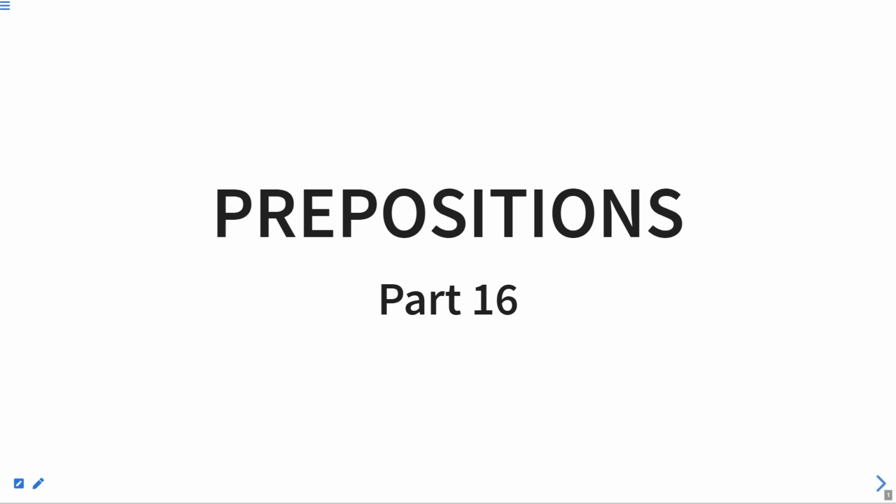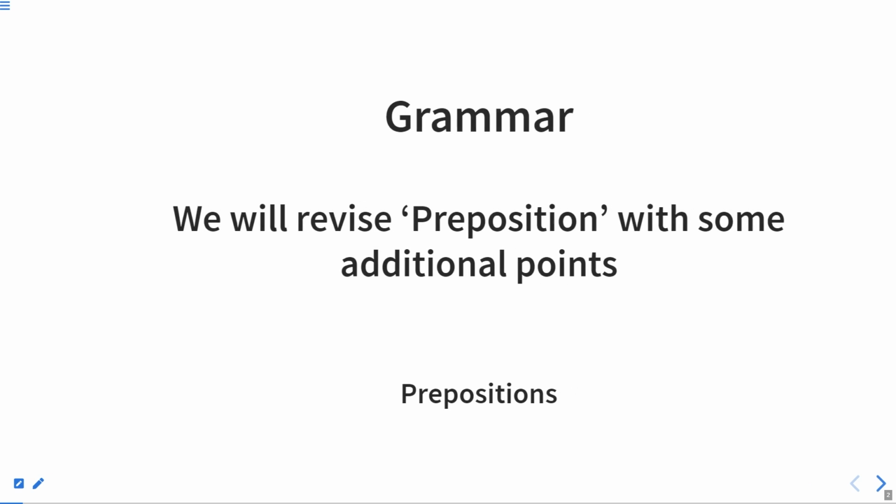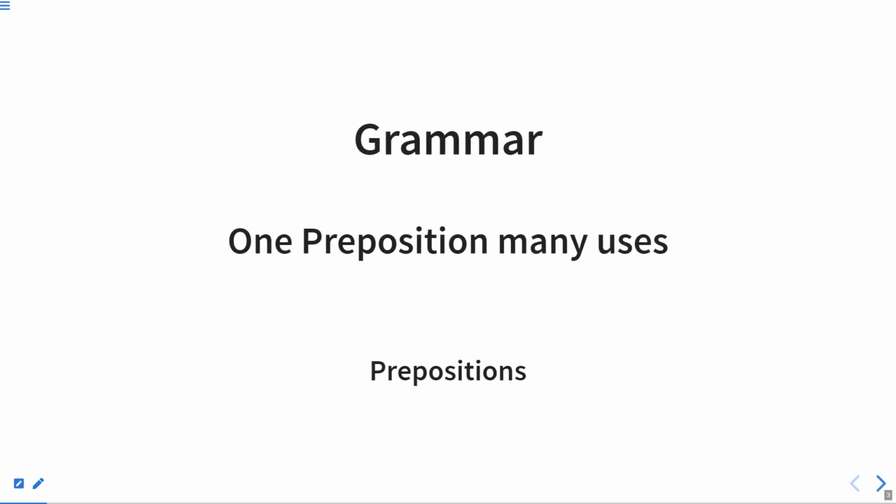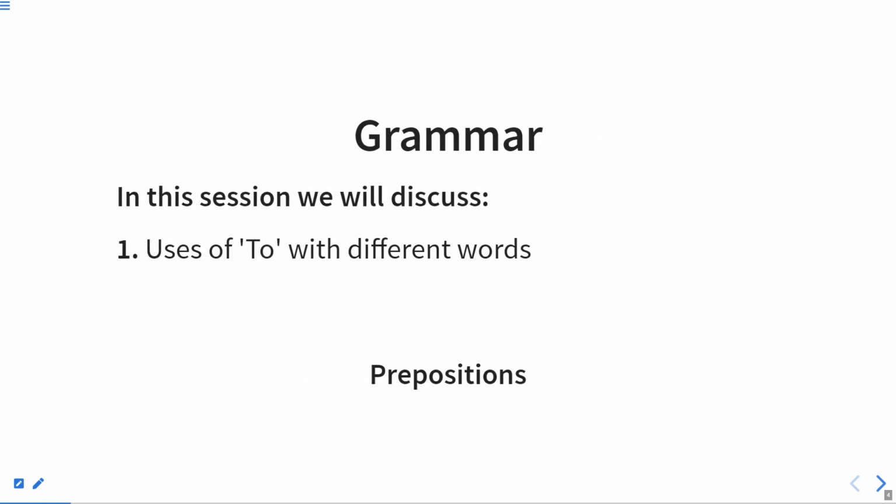So, we have been revising prepositions in all these sessions where we are reading a series of one preposition, many uses. So, in this session, we are going to discuss uses of to with different words. I've already taught you the uses of to and towards preposition.